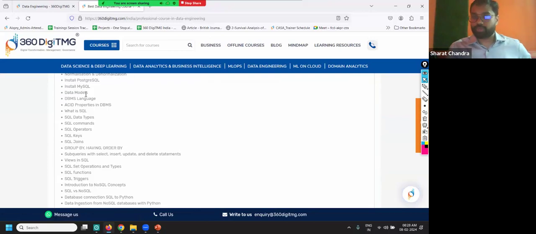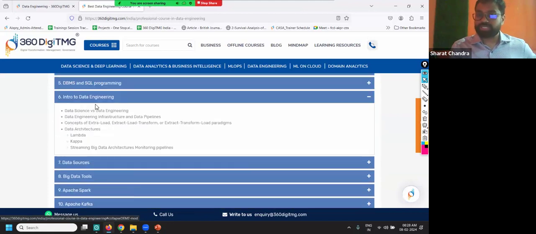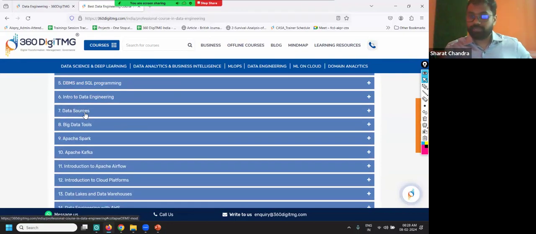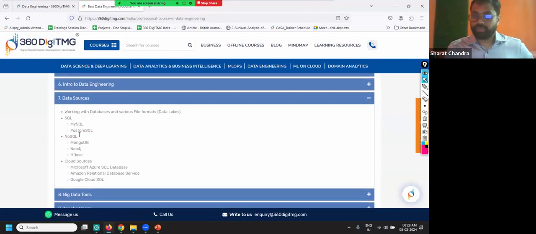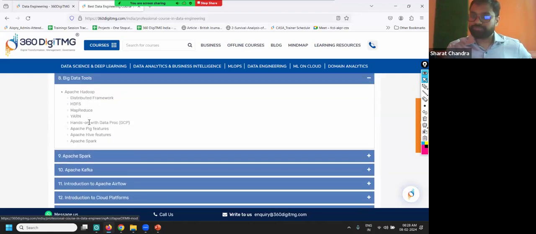Then it comes to SQL programming. And then how do we use the source and destination concepts for building the data pipelines? So once the data engineering basics are covered, we will be talking about NoSQL here. SQL is already covered. And then we will have the big data platforms.